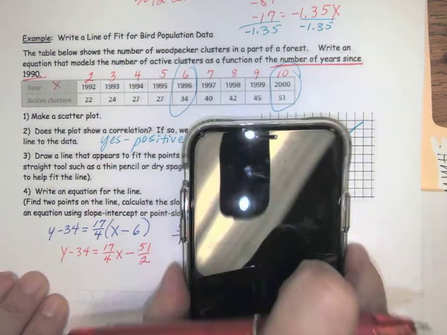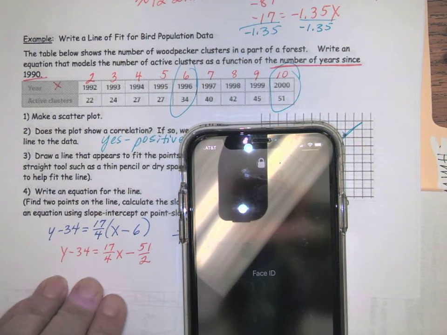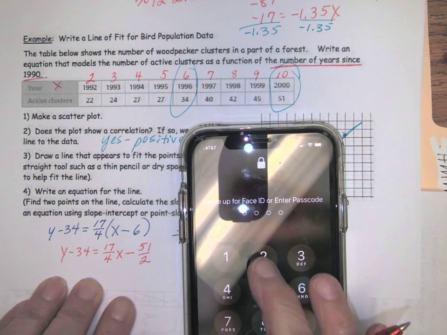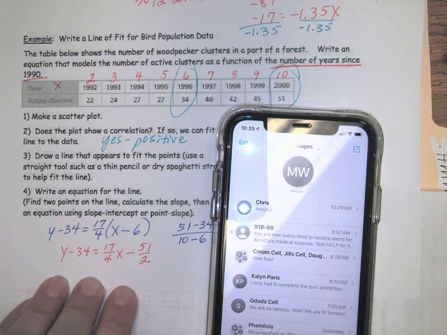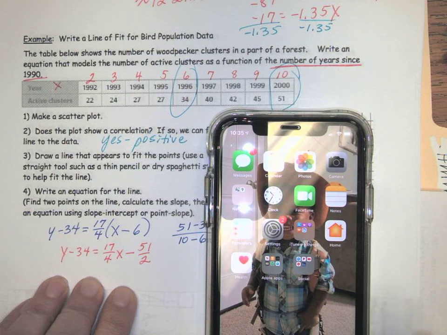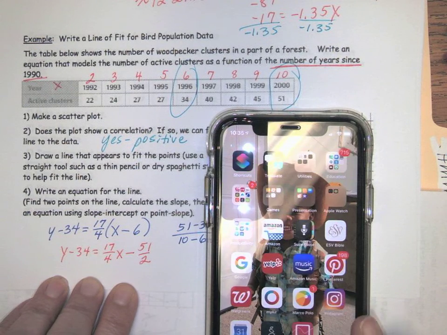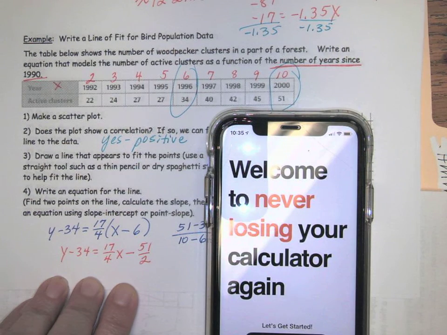Now, if you want that as a decimal, the y-intercept's usually easier to have as a decimal. So if you want it, I think I just showed you all my password. If you want it, let's use calculate 84.